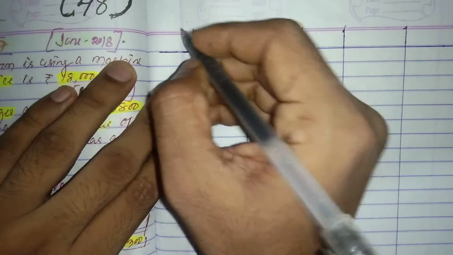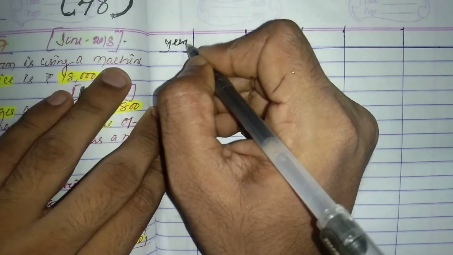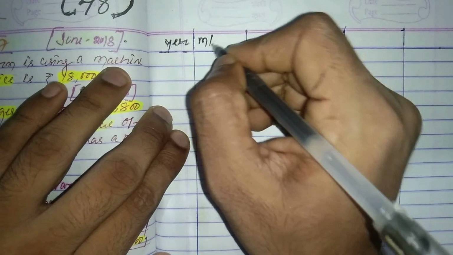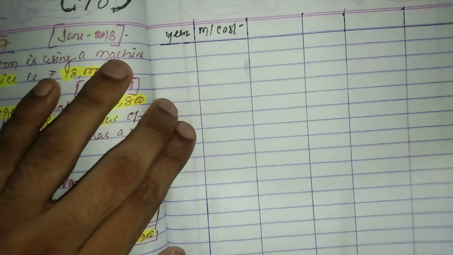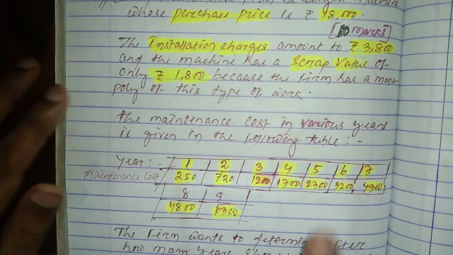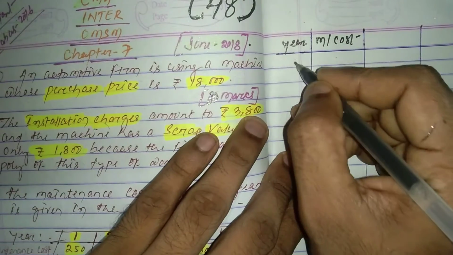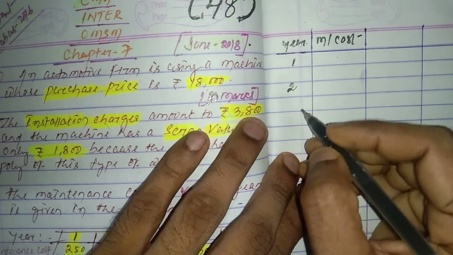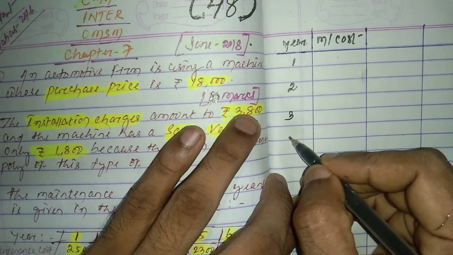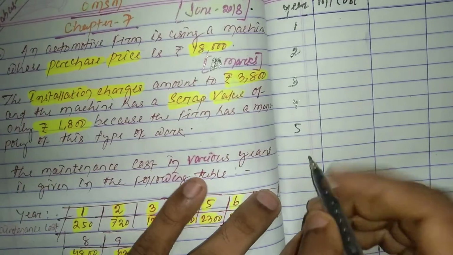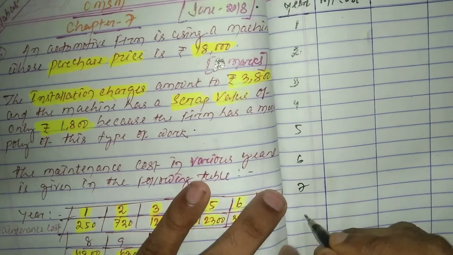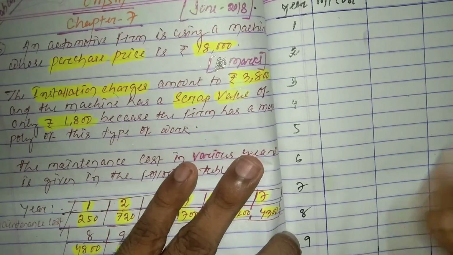First, the years given in the question are 1, 2, 3, 4, 5, 6, 7, 8, 9.